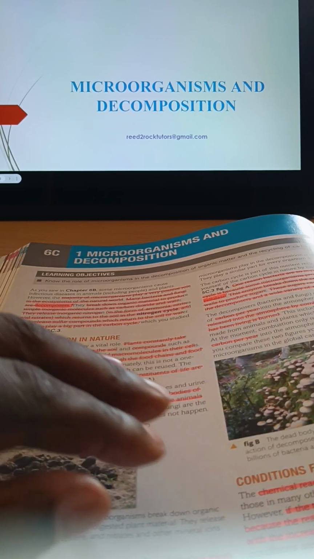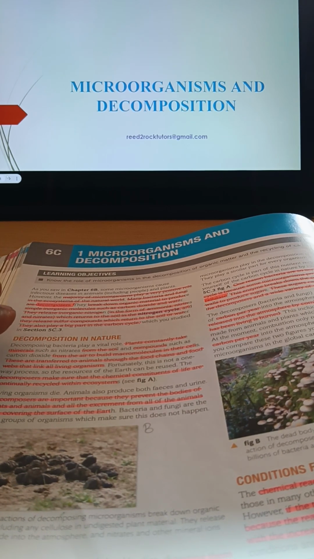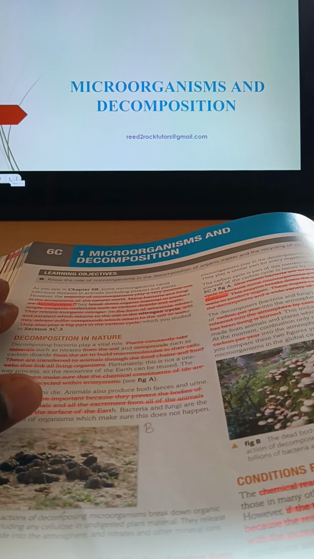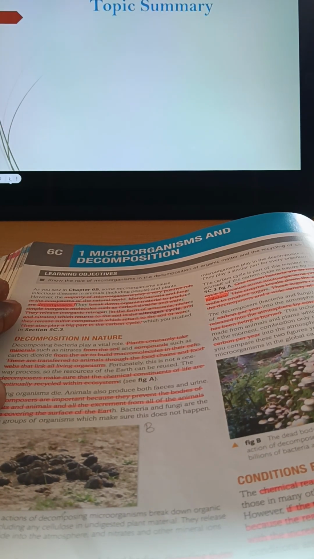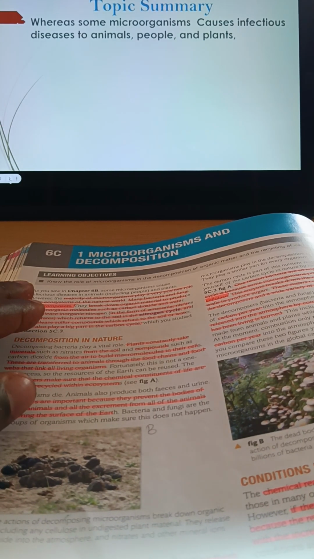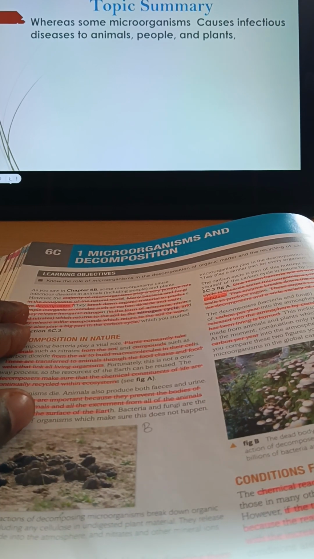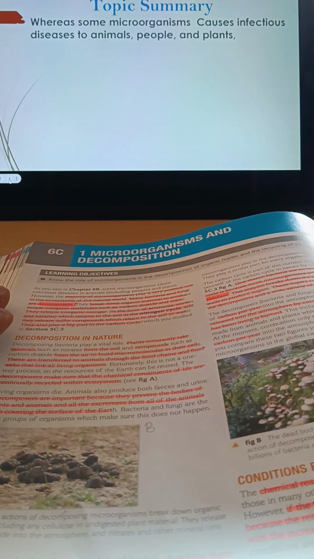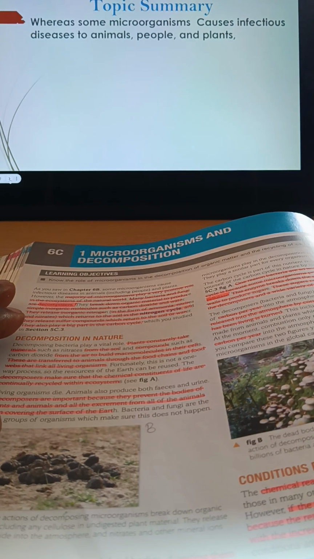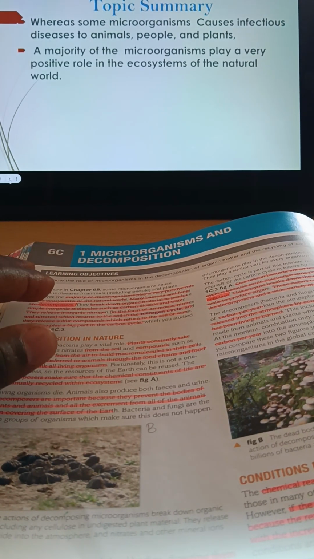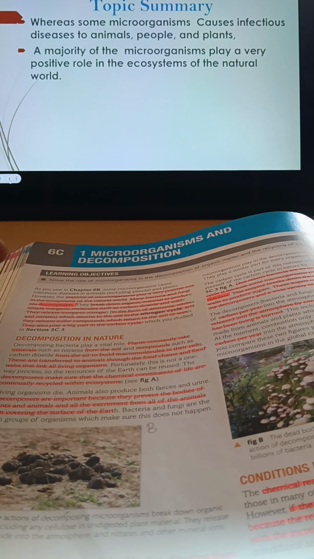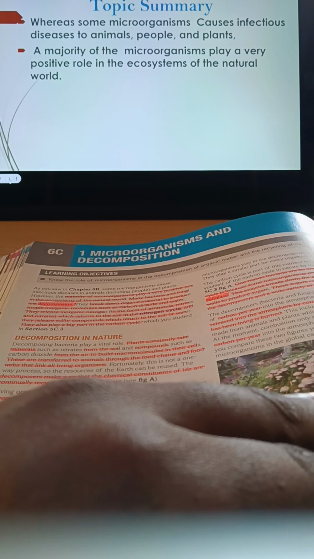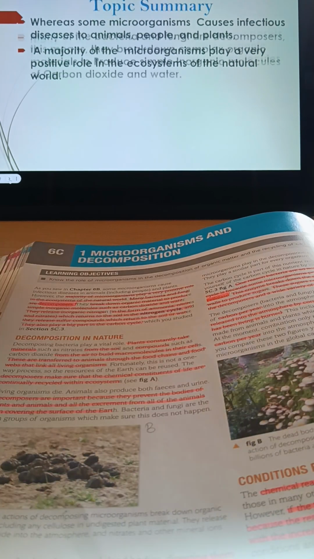Let's now look at the topic summary, that is microorganisms and decomposition. Whereas some microorganisms cause infectious diseases to both animals and people as well as plants, the majority of microorganisms play a very positive role in ecosystems of the natural world.